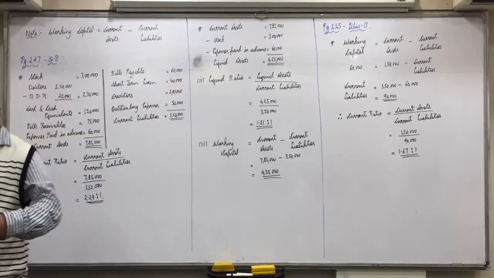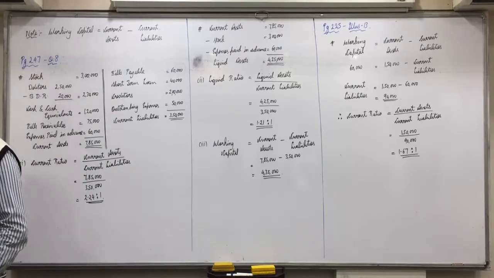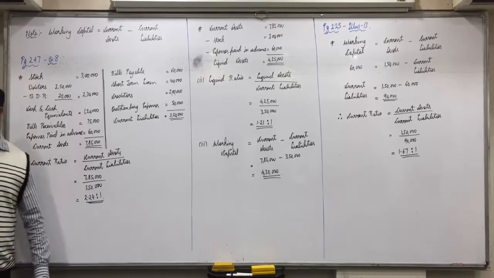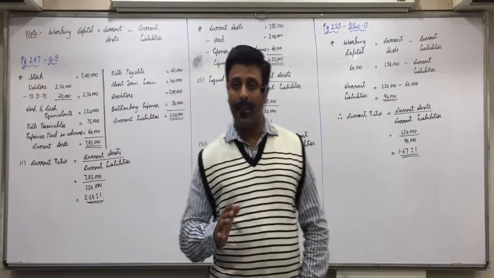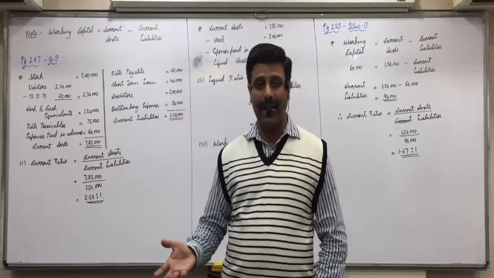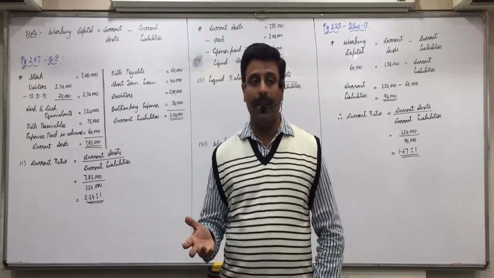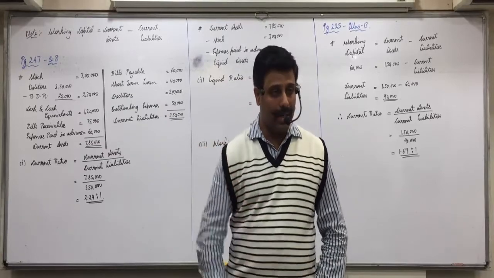Operating profit ratio, operating profit upon sales into 100. And net profit ratio, net profit upon sales into 100, that is profit after tax. Current ratio, current asset upon current liability, from the name itself you get it. Liquid ratio, liquid asset upon current liability.